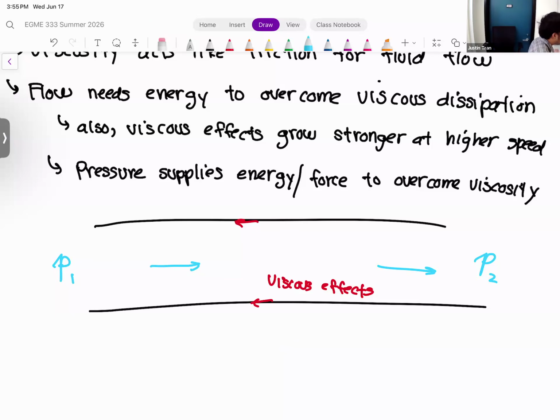And so what happens when you have fluid of any kind flowing from one location to another along a pipe where there's friction is that the pressure is going to drop.